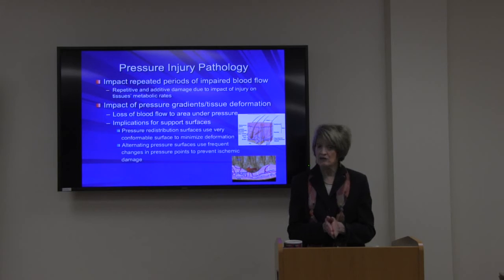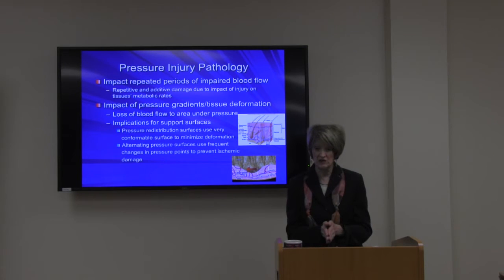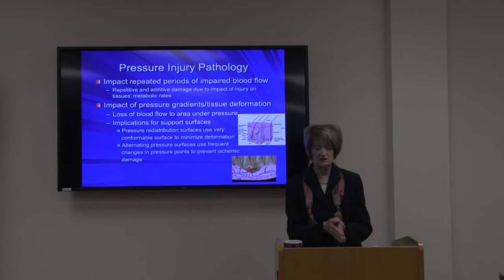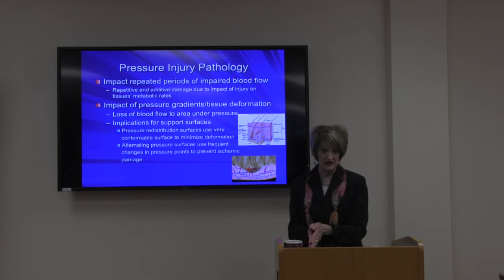But that microscopic tissue damage also increases the metabolic rate of the tissues in that area. So now it's Sunday, we think we got by, just a little bit of blanchable erythema. If we're thinking, we think, increased metabolic rate, reduced tolerance. So we get the patient up again at 10, and that day we get them back at 2.